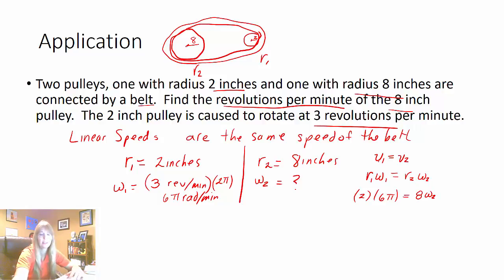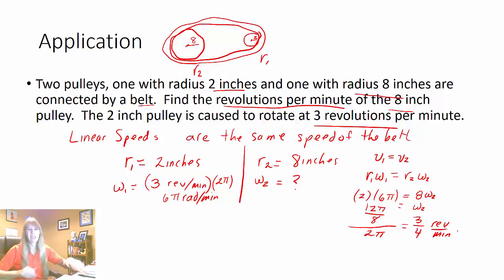And now I have something that I can solve for omega 2. Looks like 12 pi over 8. And then finally, the very last thing I need to do, it wants it in revolutions per minute. So to convert this, all I have to do is divide by 2 pi to get the radians out of there, which gives me 12 over 16 or 3/4 revolutions per minute.